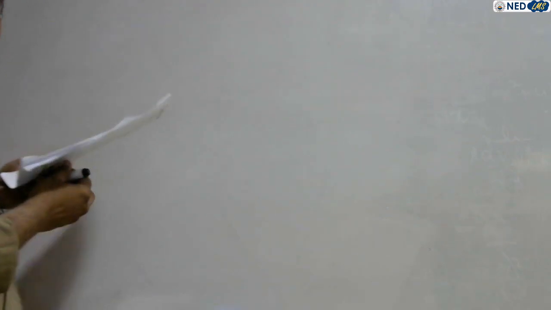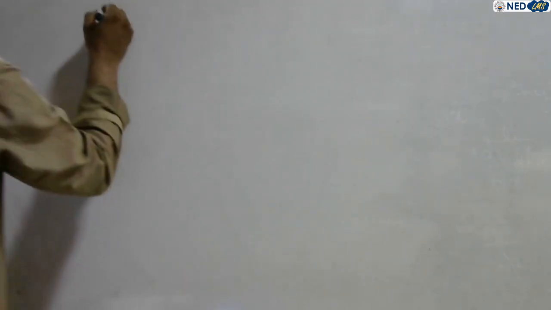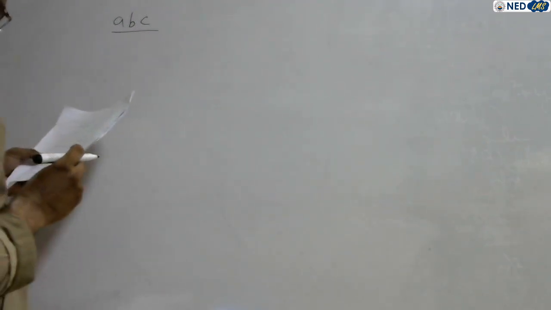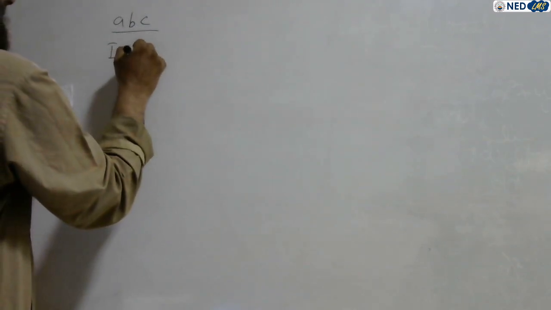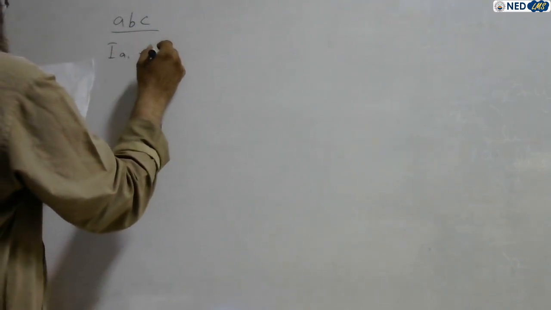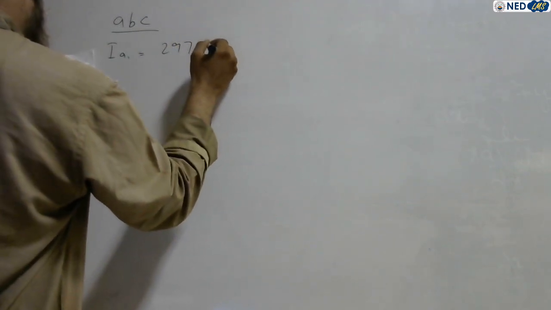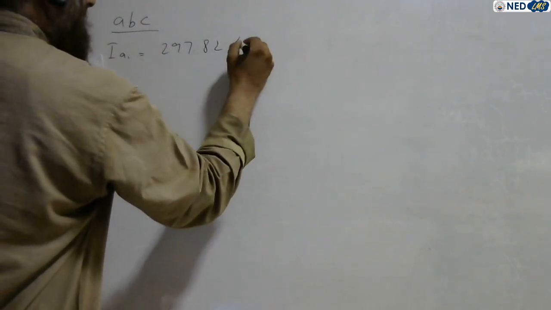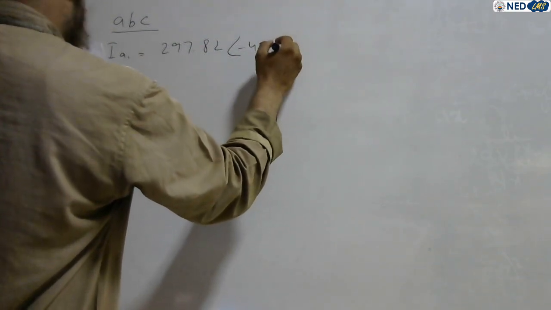If you calculate all the line currents, that is phase B and phase C, the sequence was ABC. It was given that the phase sequence was ABC. So IA, the line 1 current we already calculated, is 297.82 angle minus 43.36.